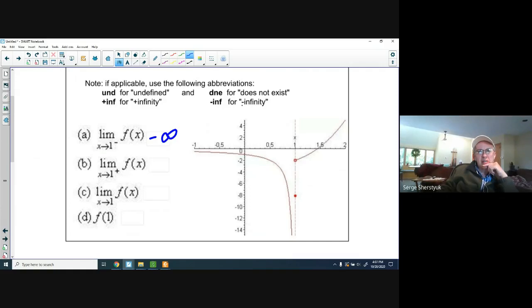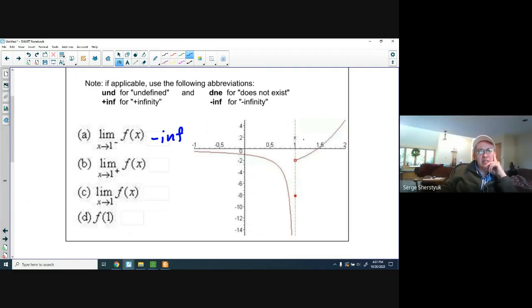The word is negative I-N-F. There's no symbol for infinity on the keyboard, so it's -inf, negative infinity. That's from the negative side.